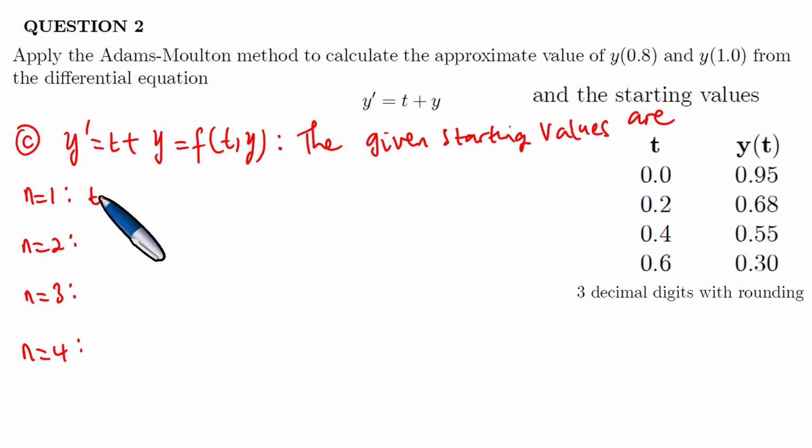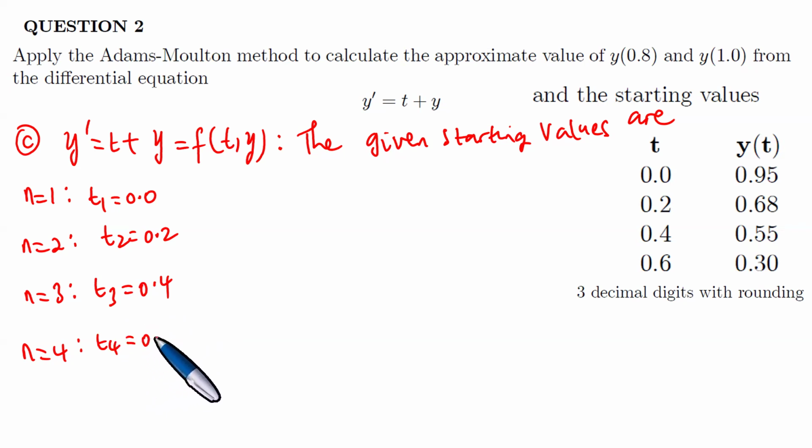T1 is 0.0, T2 is 0.2, T3 is 0.4, T4 is 0.6. Y1, we have the following.